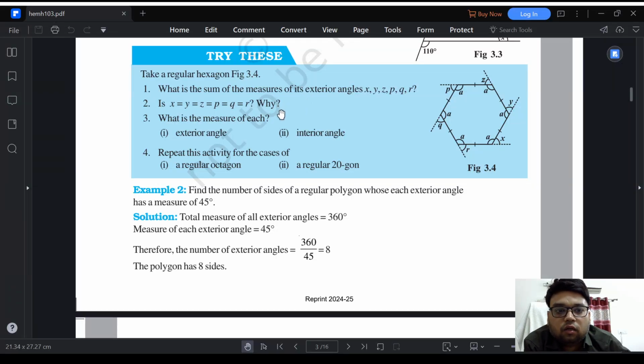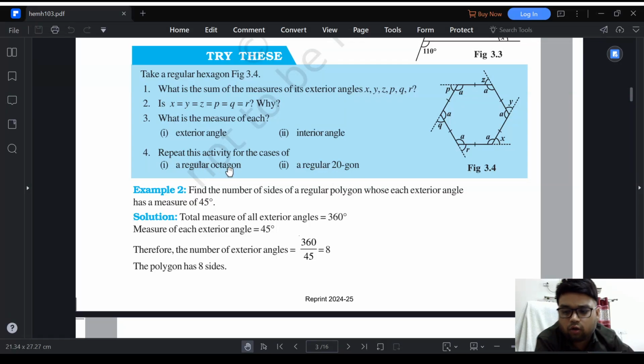Because in a regular hexagon, the angles and sides are equal. So what is the measure of each exterior angle and interior angle? I am explaining and writing examples exactly the same as this particular question. Repeat this activity for the cases of a regular octagon and a regular pentagon.